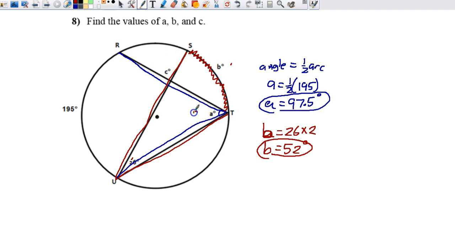We know that A is 97.5. I'm going to write that in here. And they want to know angle C. This angle is vertical, so I'm just going to throw that into the triangle and use 180. These three angles, C, 26, and 97.5, their sum is 180 because it's in a triangle. 26 and 97.5 is 123.5.